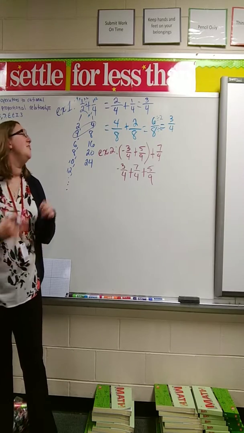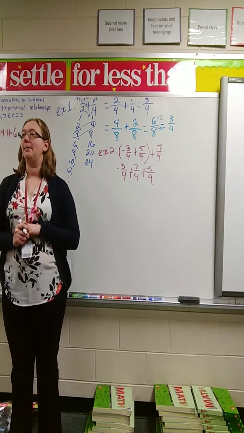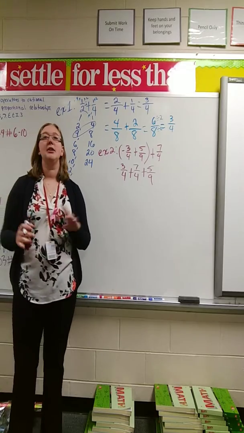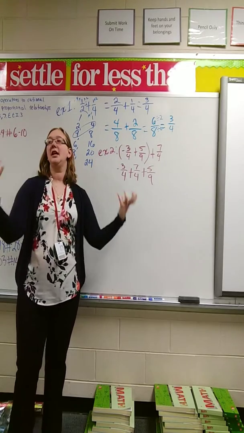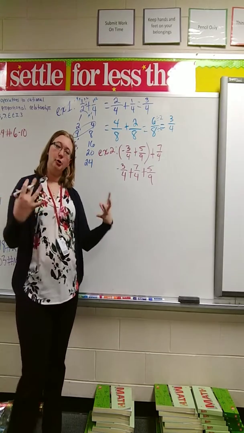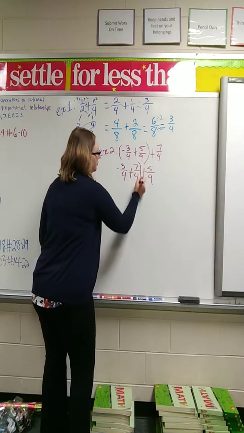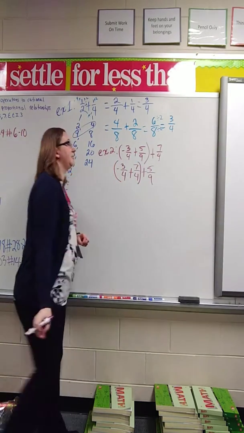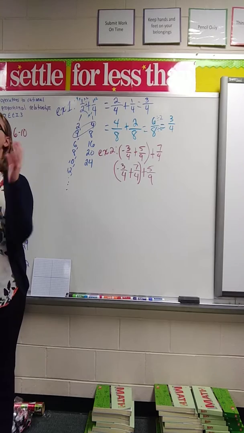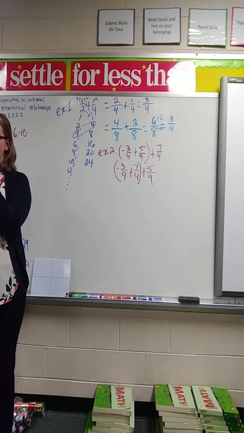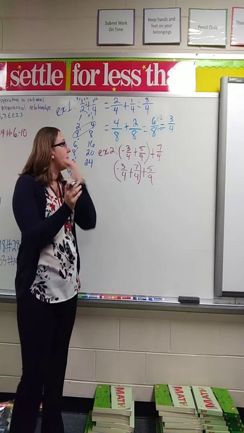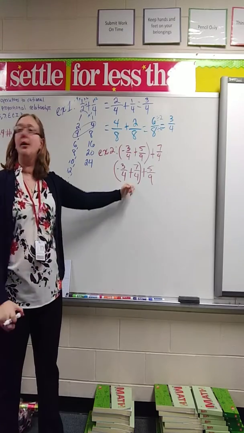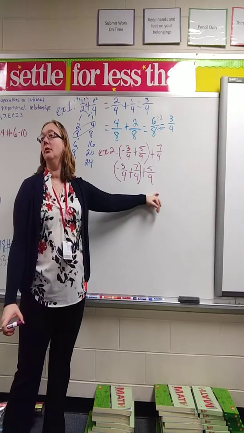Okay. Then I'm going to use my associative property, and I'm going to say that, you know what? I'm associating with, these people are in my group. I'm going to group the negative 3/4 and 7/4 together, so we do that part first. Then we have one denominator of 4 and one denominator of 9.